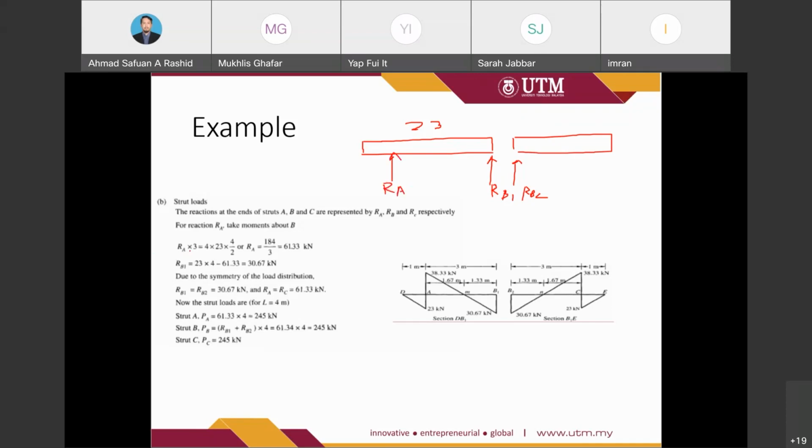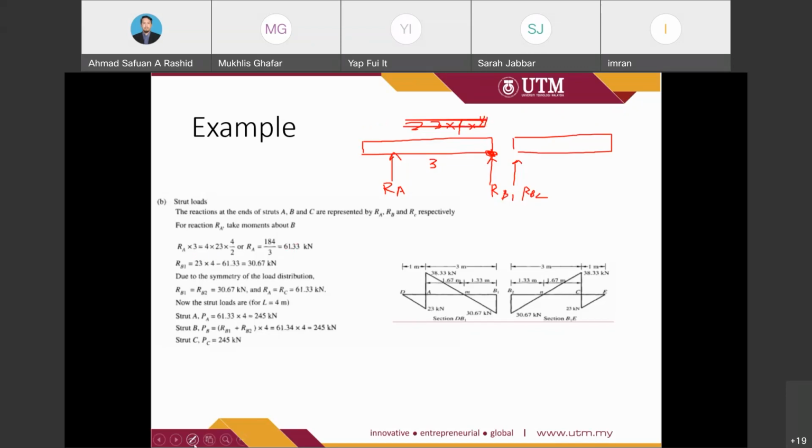So RA times 3, where our datum is RB1, so the distance is 3. RA times 3 is equal to 23 times 4, and then times 4/2.